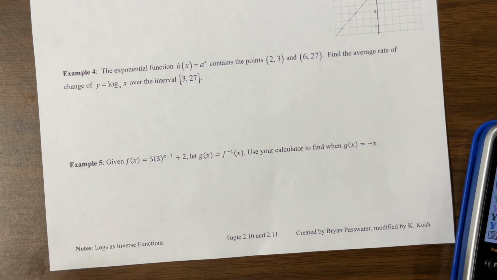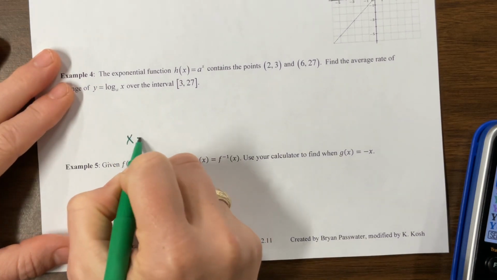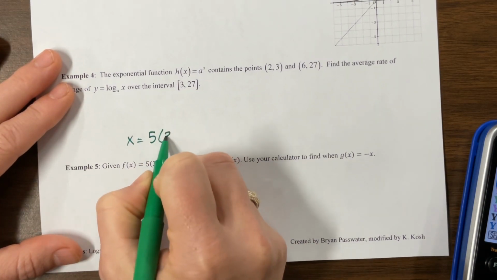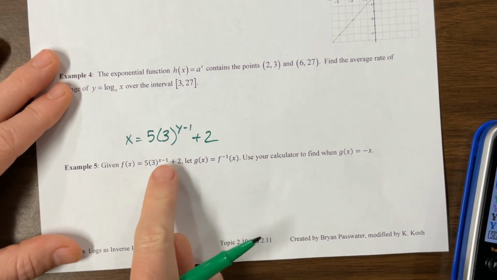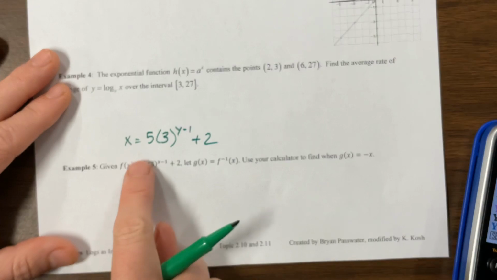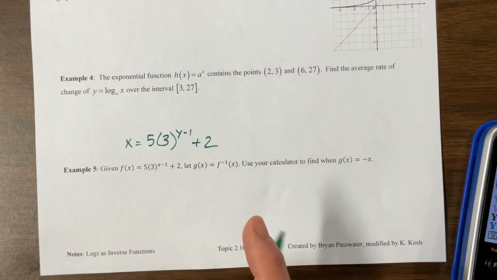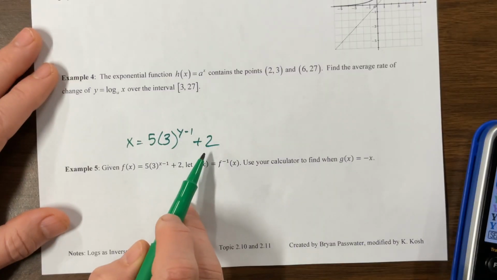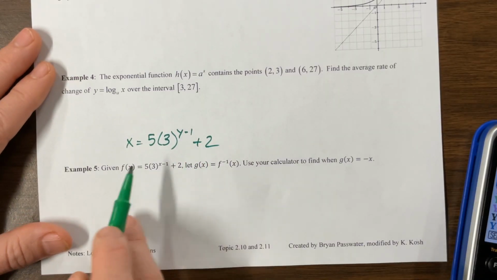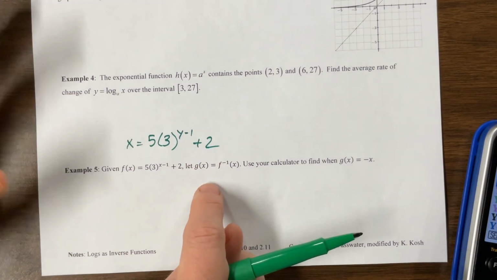Desmos can handle this equation, x equals 5 times 3 to the y minus 1 plus 2. Then this becomes the inverse, and you don't have to think about anything. That's almost too easy.